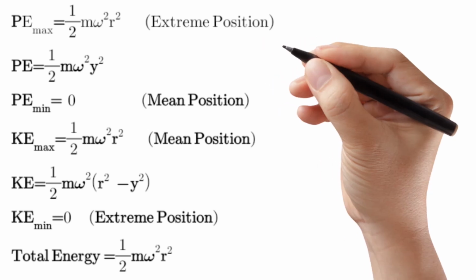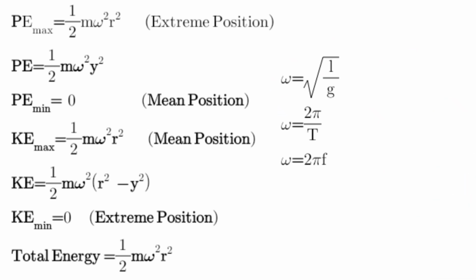For example, they can give you the length of your simple pendulum, and you can get omega using the simple formula omega equal to square root of G over L. They might not give you the length, they might give you the period T. You can use the simple formula omega equal to 2 pi over T. If they give you frequency, use the simple formula omega equal to 2 pi F. So when you use these formulas, you will get your omega, then substitute it into your values for energy, and you've gotten the energy that you need. Do you understand? So that is all for energy in simple harmonic motion.